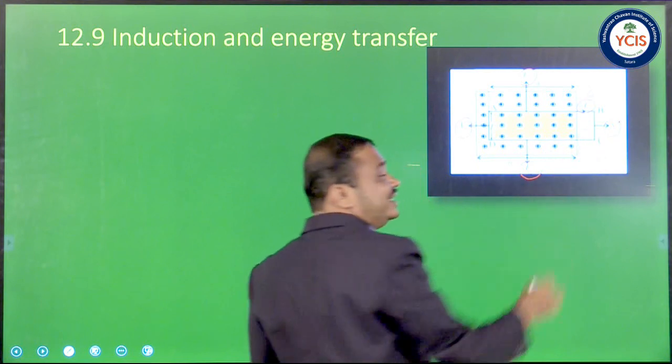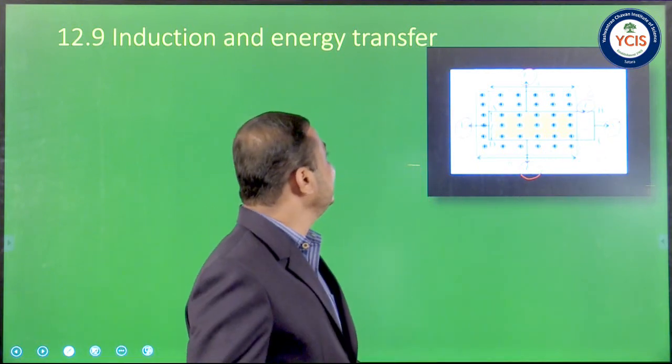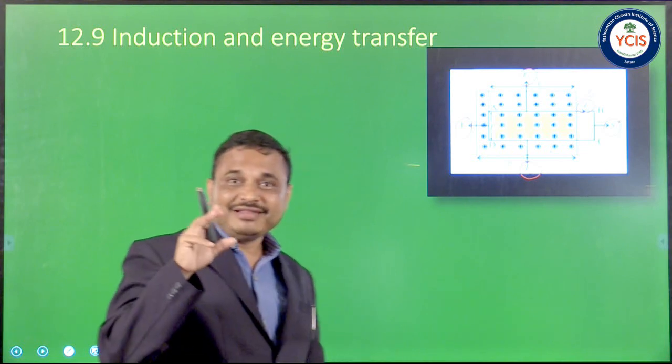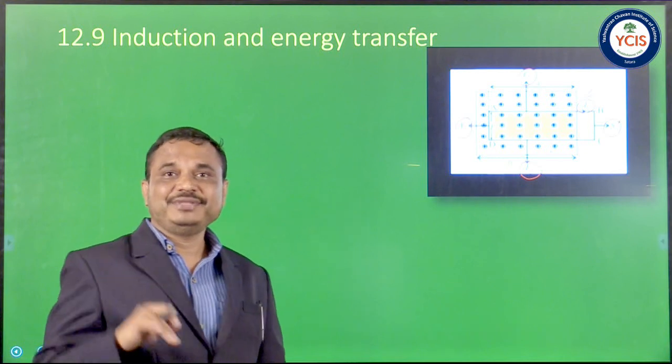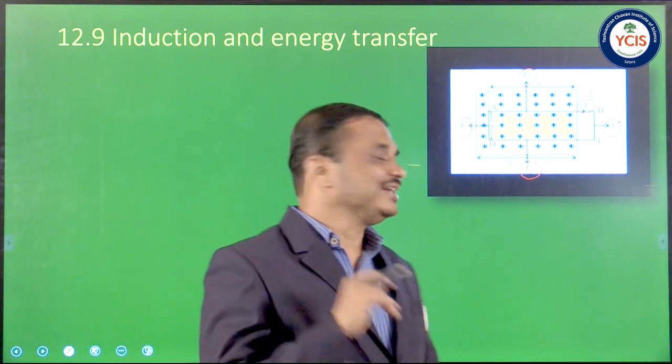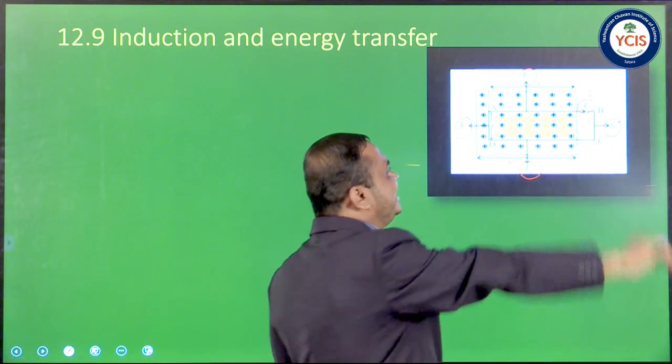But BC is not in the magnetic field, and hence no force will act on side BC. So three forces, F1, F2 and F3, will act on that conductor.